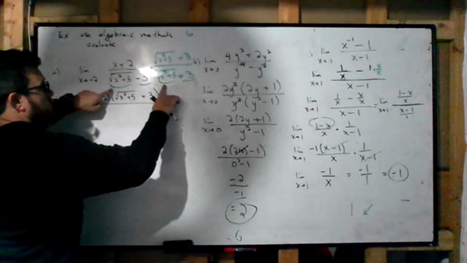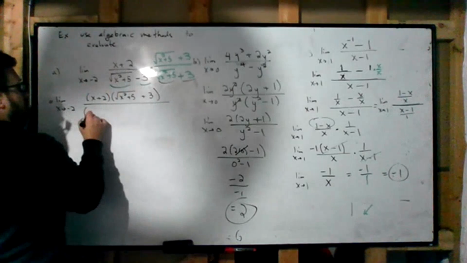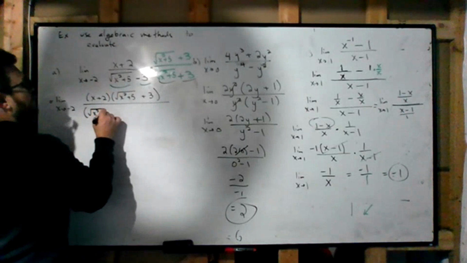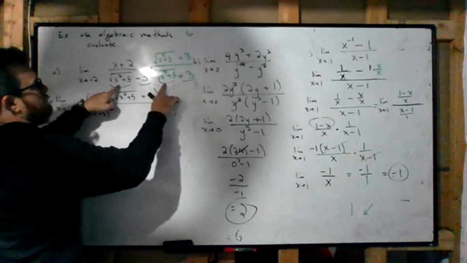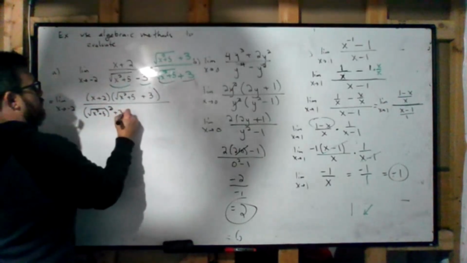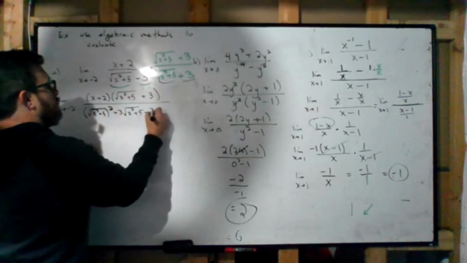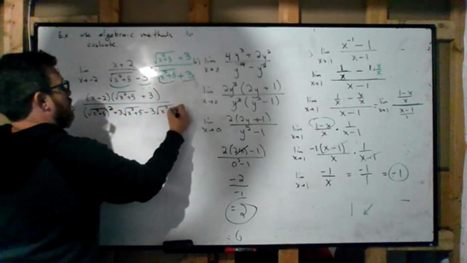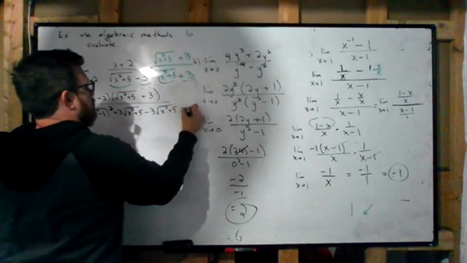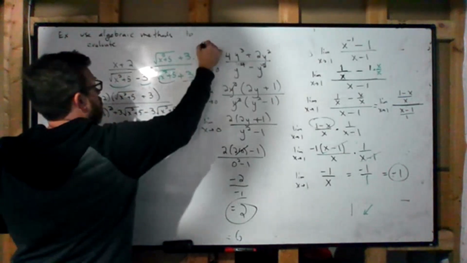So I have to FOIL these first. Root x squared plus 5 times root x squared plus 5 is going to be root x squared plus 5, squared. It's times itself, so it's squared. Then outside, I'm going to have plus 3 times the square root of x squared plus 5. Inside, I'm going to have minus 3 times the square root of x squared plus 5. And then the last, I'm going to have minus 9.